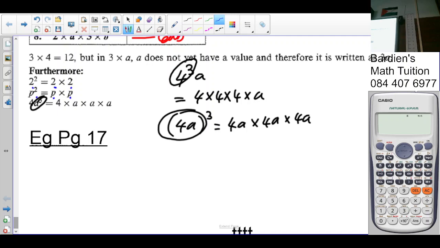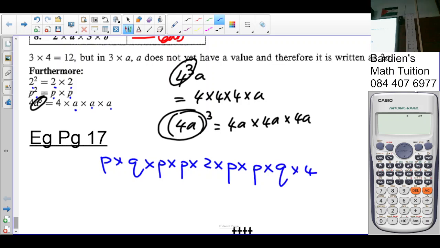P times P is P squared. 8 times A times A times A is A cubed. So it's going to be P times Q times P times 2 times P times Q times 4. What would that be? 8, 1, 2, 3, 4, 5 P's.